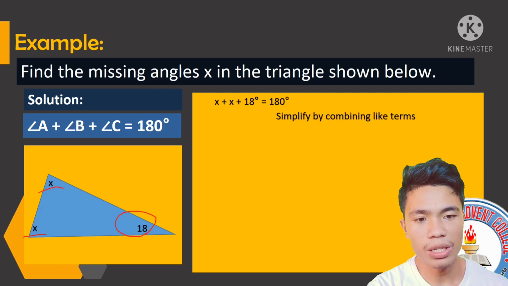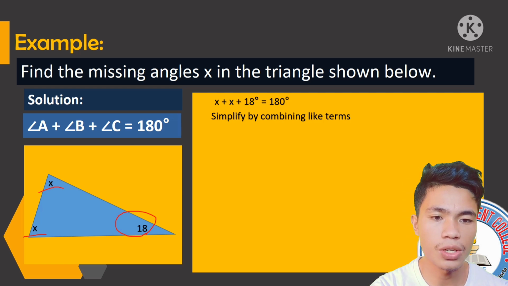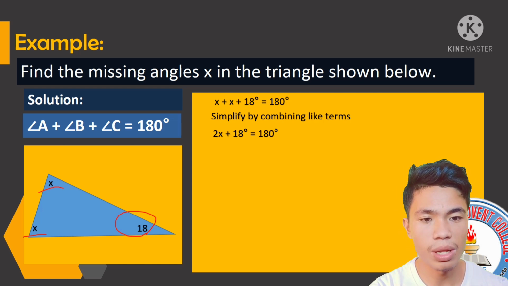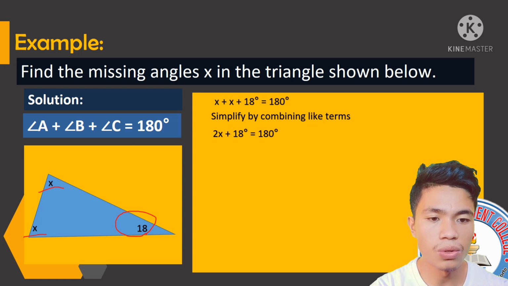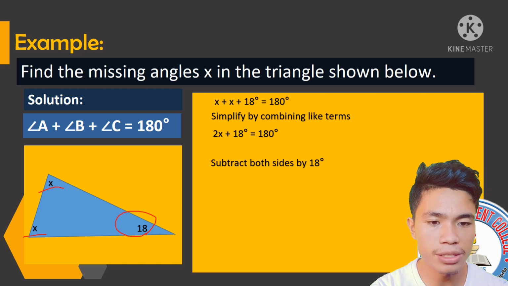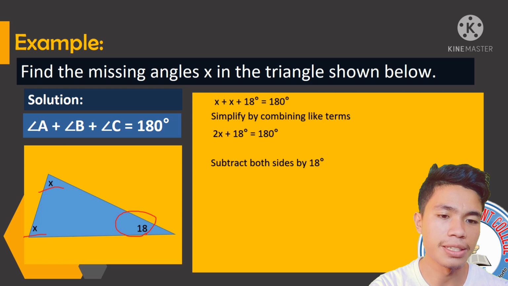Next, we are going to simplify it by combining like terms. We combine x plus x, which is equal to 2x, so 2x plus 18 is equal to 180 degrees. Now we are going to subtract both sides by 18 degrees.